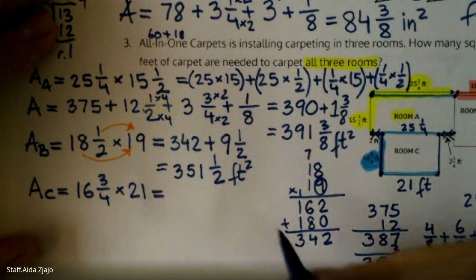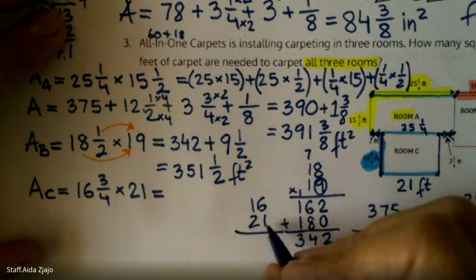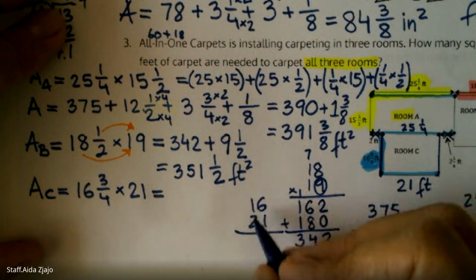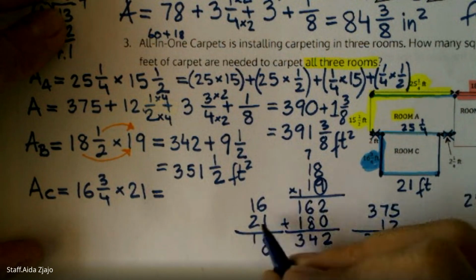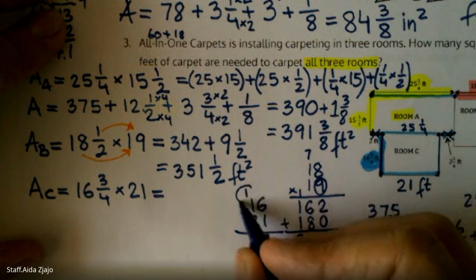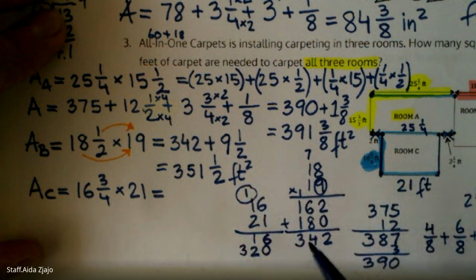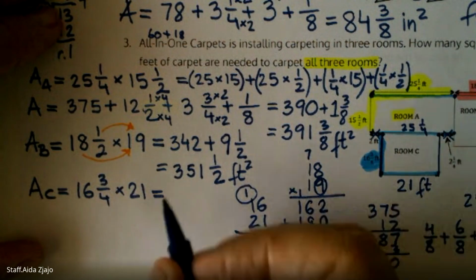Okay, so let's do 16 times 21. 1 times 6 is 6. 1 times 1 is 1. Put 0. 2 times 6 is 12. I remember 1. 2 times 1 is 2. Plus 1 is 3. Altogether is 336.